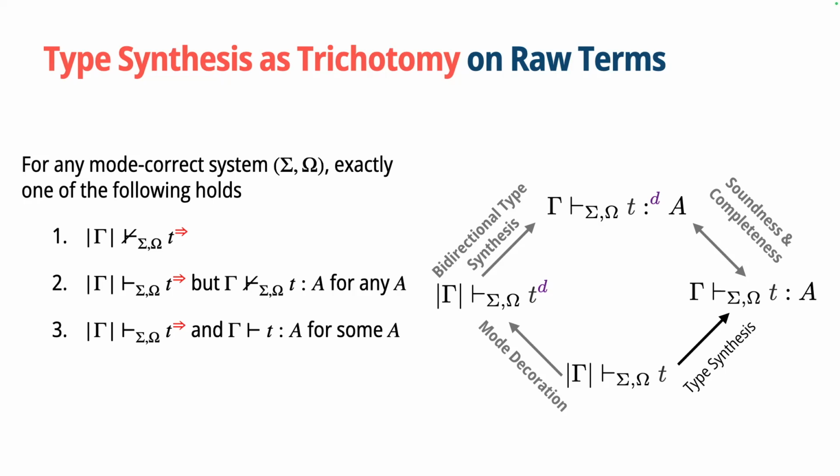One is that it does not have enough annotations. Another is that it has enough annotations but is not typed. The third is that it has the right amount of annotation and it has a type. If we compose all the process together, we get this conclusion.